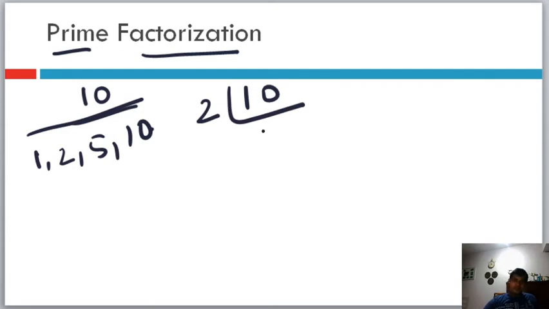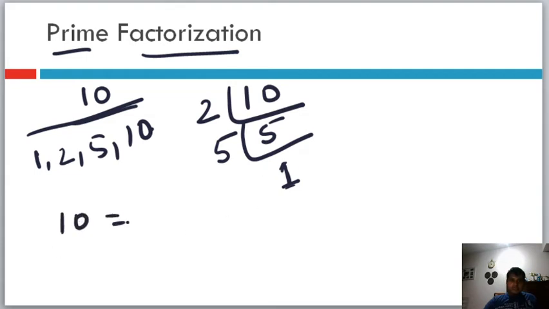So 2, 5, and then which number will divide 5? Because 5 is a prime number itself, only 5 can divide 5, right? And now there it is 1. When you come to 1, you stop the process of prime factorization, which means there is no longer a need to find any prime factors, and hence 10 will be expressed as 2 into 5.